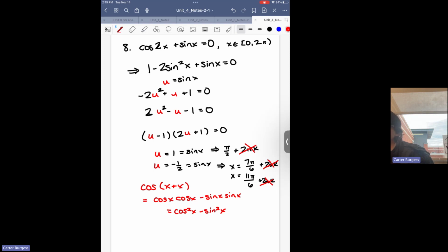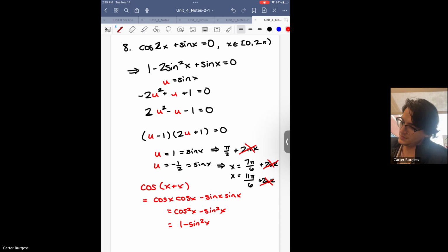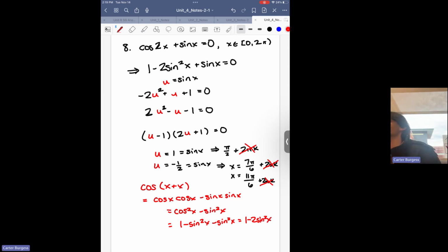Yeah, it's a fair question. And then we replaced this with a 1 minus sine squared, which gives us the 1 minus 2 sine squared. Good question. Other questions here?